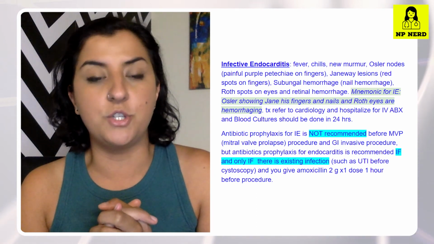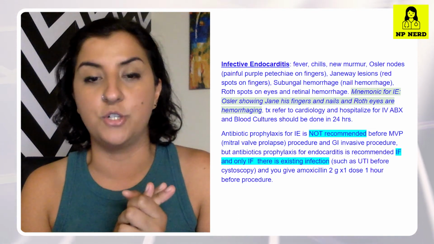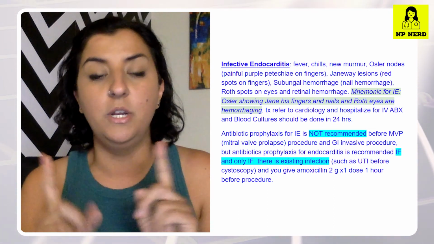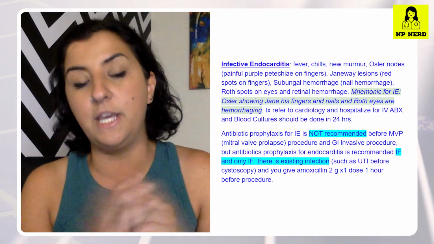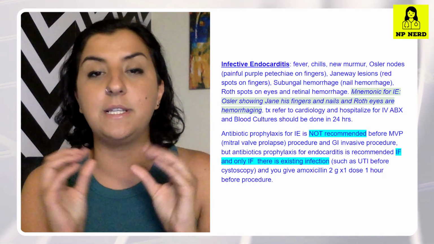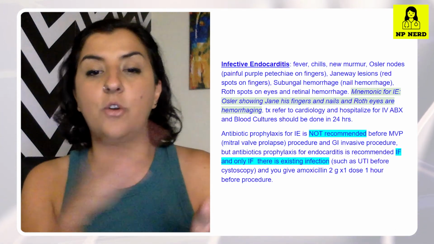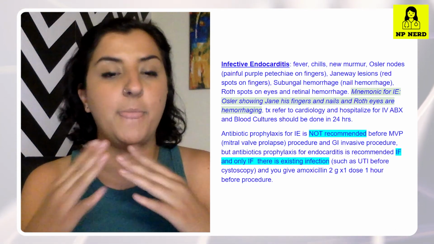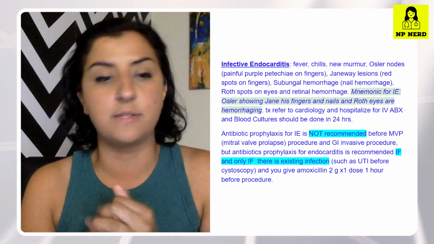Or for any procedures that's invasive, such as GI invasive procedures. However, antibiotic prophylactic for endocarditis is recommended if and only if there's an existing infection. Like, let's say the patient is going for cystoscopy and they already have an existing UTI. That's when you give them prophylactic antibiotics.